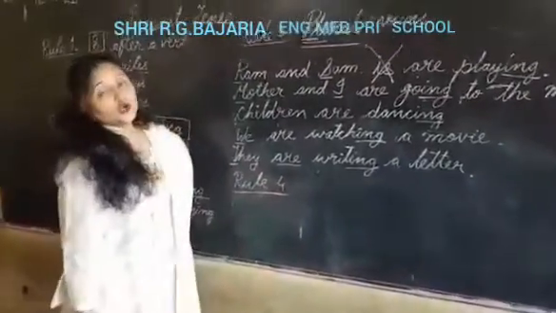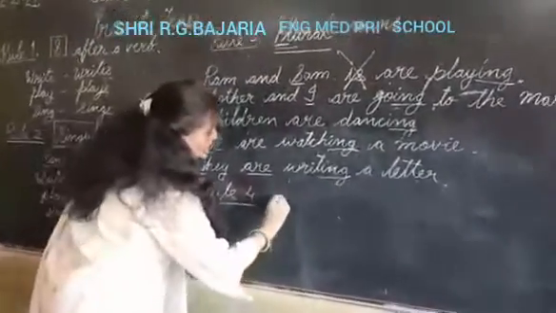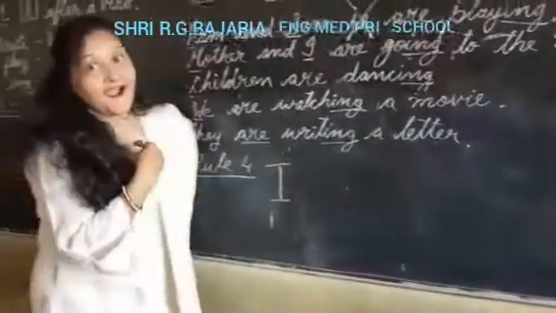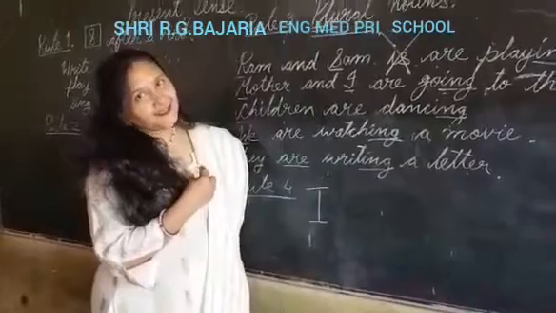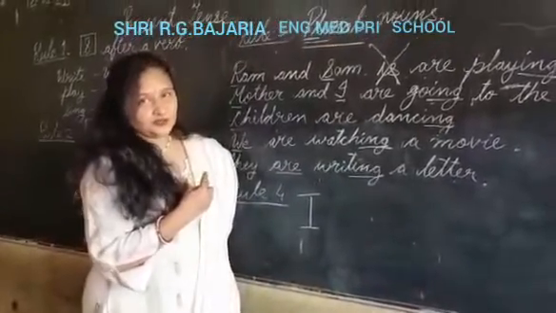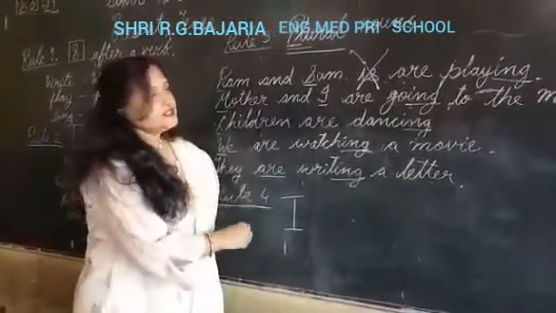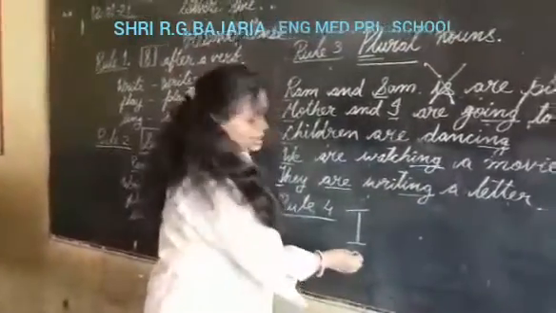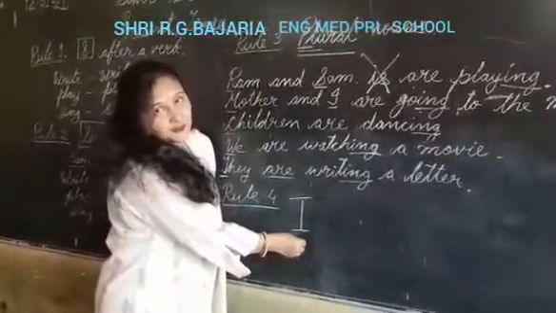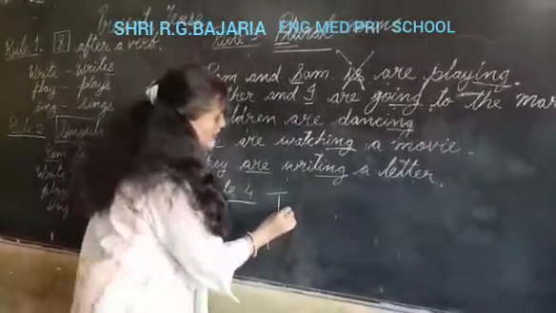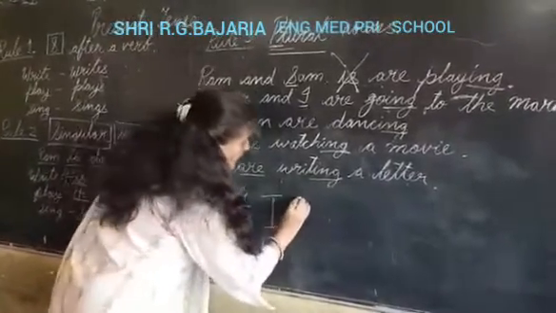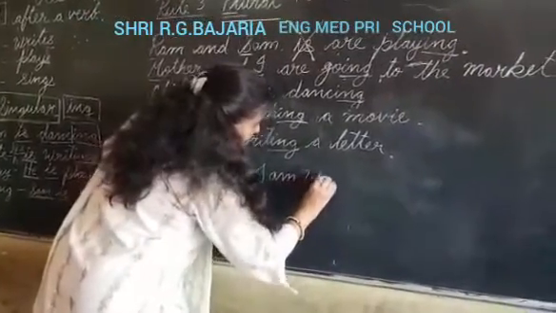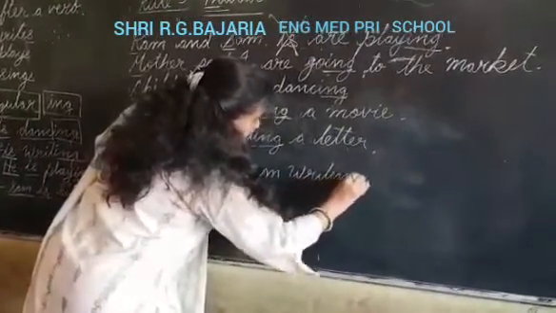Now, rule 4, please look at this big letter I. I is a singular pronoun. So, let us see how to use present tense words when I am using the singular pronoun I. I am writing.